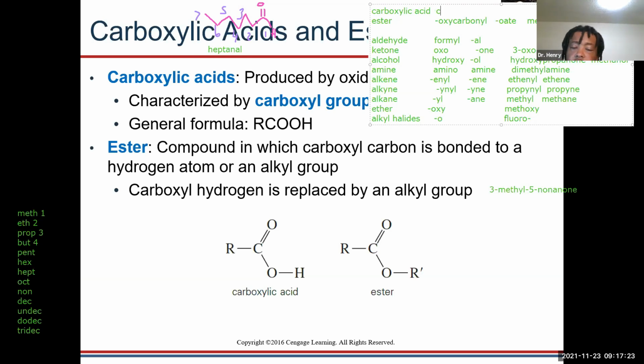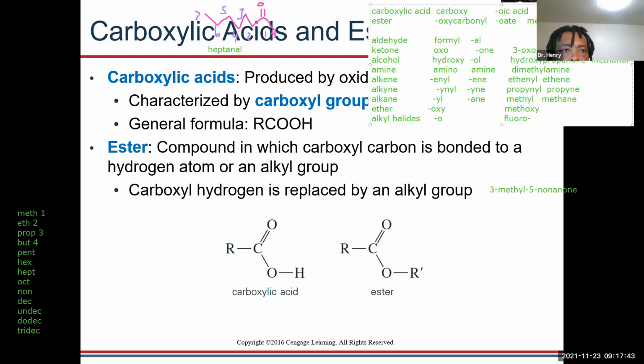If we did carboxy, then this will be oic acid. And an example is ethanoic acid.